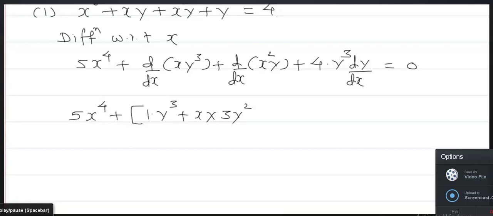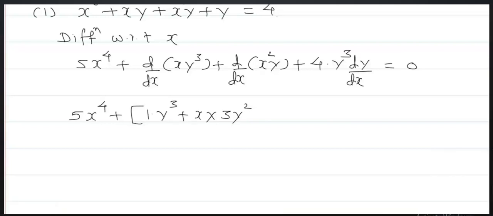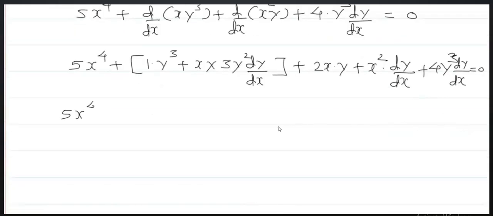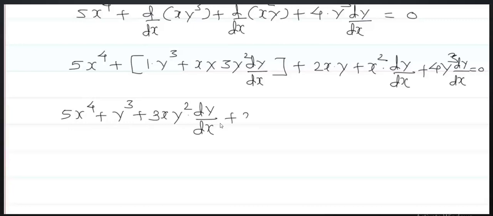Next is plus d by dx of x square: the derivative of x square is 2x into y plus x square into dy by dx, plus 4y cube into dy by dx is equal to 0. Now 5x raised to 4 plus y cube plus 3xy square into dy by dx plus 2xy plus x square into dy by dx plus 4y cube into dy by dx.